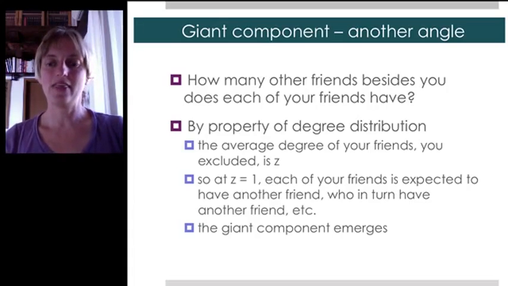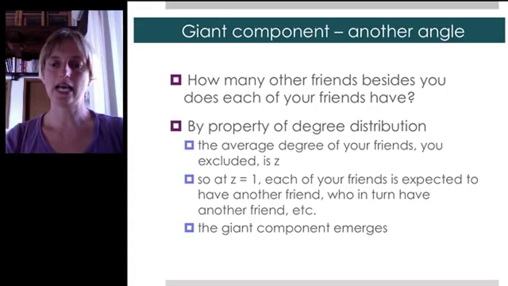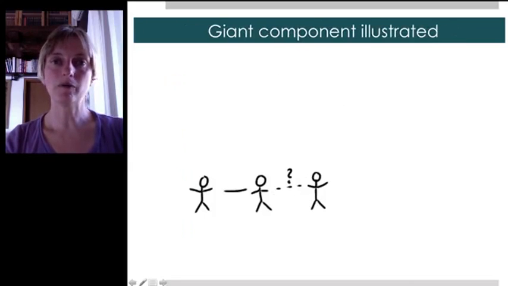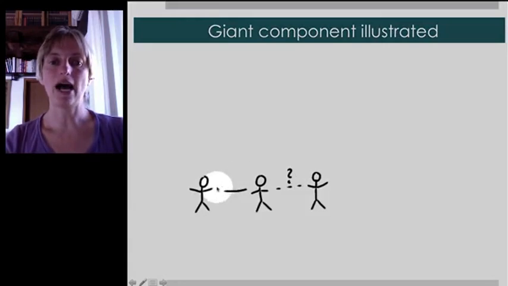And so then when we return to this idea of the giant component and the percolation threshold, what we're really asking is, I have a friend. What is the average number of other people that they know?